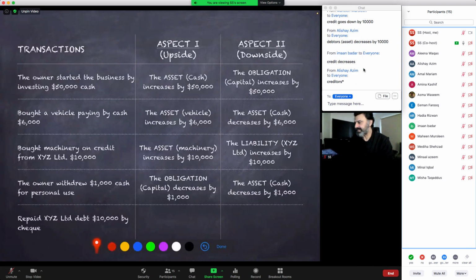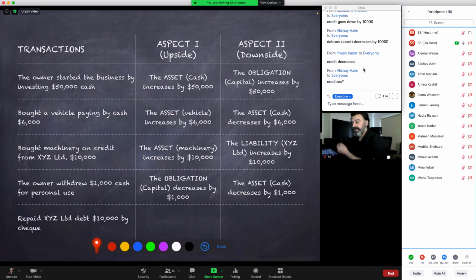Debtor is an asset. In this case, the debt is not to be confused with a debtor, right? You see, debt over here simply means someone owes someone else, right? So in this case, we owed a debt of $10,000 to XYZ. So let's not confuse the term debt with the debtor. Debtor has a specific meaning.